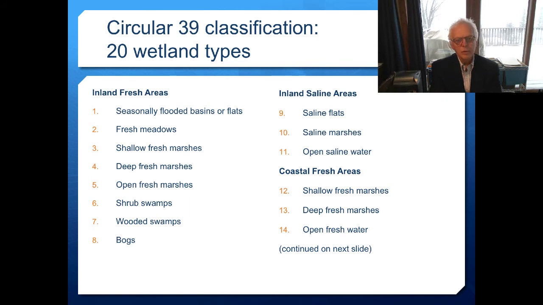They'd be seasonally flooded basins or flats, so these are areas that are wet some of the time, but not all of the time. There are fresh meadows, shallow fresh marshes, deep fresh marshes, open fresh marshes, shrub swamps, wooded swamps, and bogs. Inland saline wetlands would be saline flats, saline marshes, and open saline water.